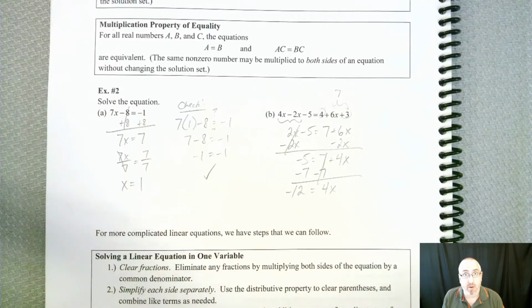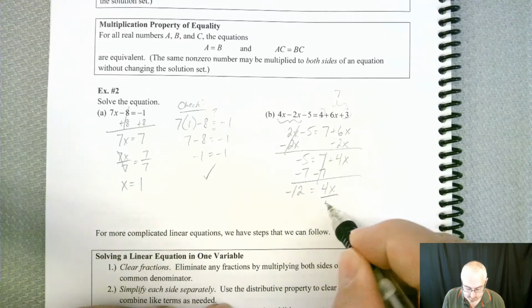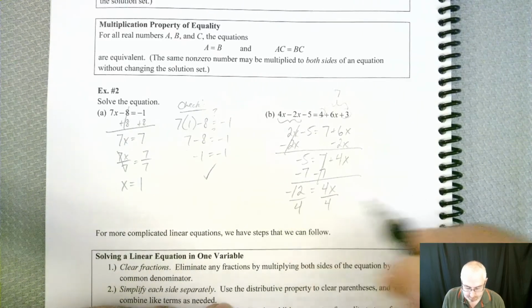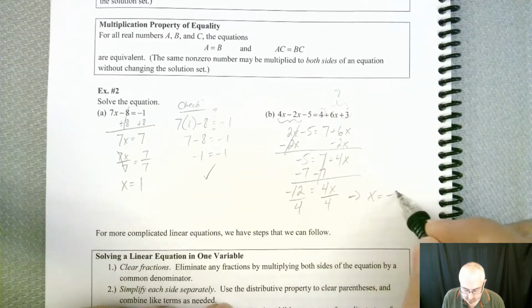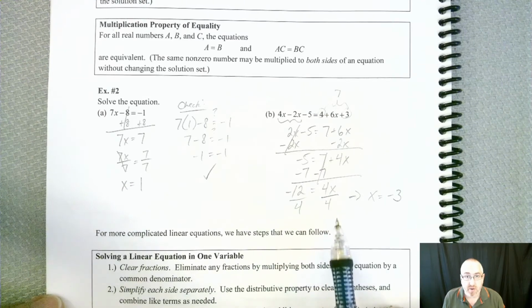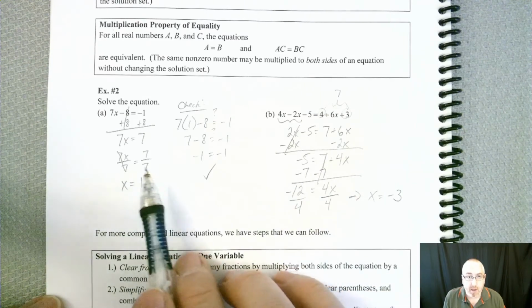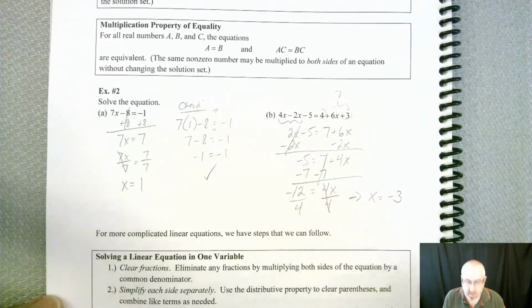And now we're down to our last step, which is to get rid of that 4. If we divide by 4, we get x equals negative 3. With these problems, your last step should always be division. We're going to see that again, but you can see the last step was division, last step was division.